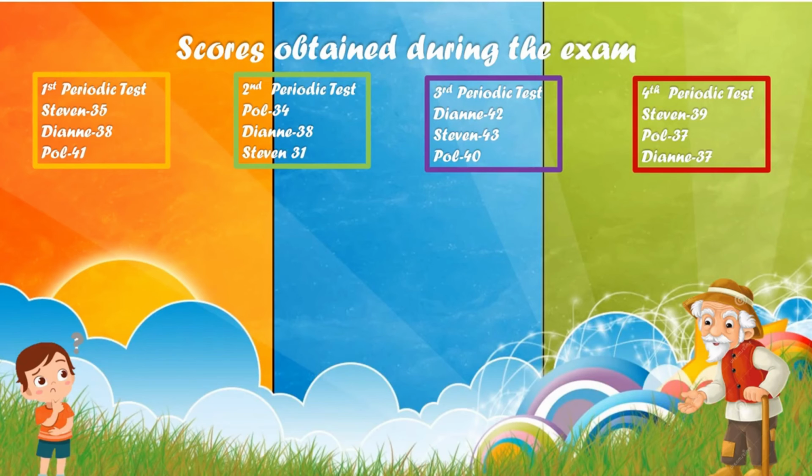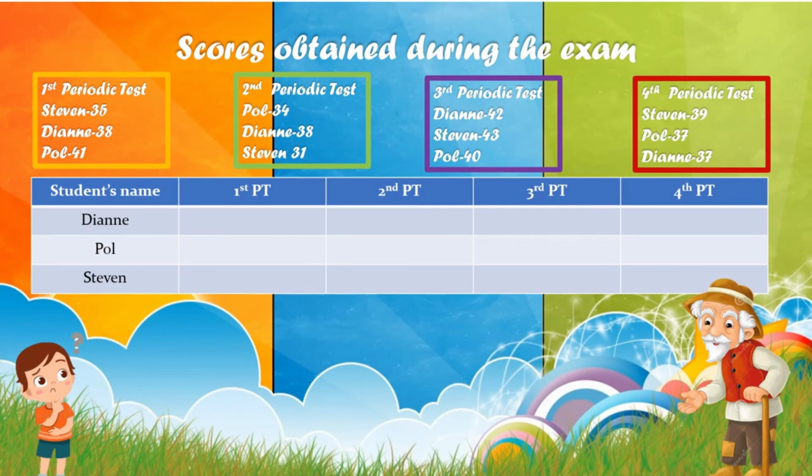It is the scores of my friends, Steven, Diane, and Paul. We have to organize it in a tabular form. Here is the table. We have the name of the students and their scores in the first, second, third, and fourth periodic tests.